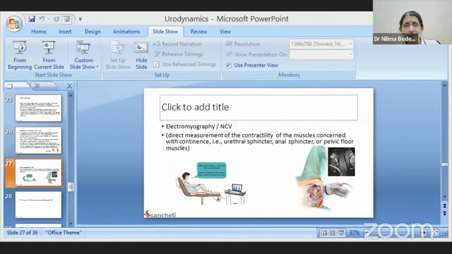And this absence of detrusor contraction can be confirmed on cystometry. So if they're thinking about doing any surgical procedure of repairing the sphincters and all, they would like to confirm that the bladder is not unstable. So it's very important if any surgical decision is to be thought of for the person.